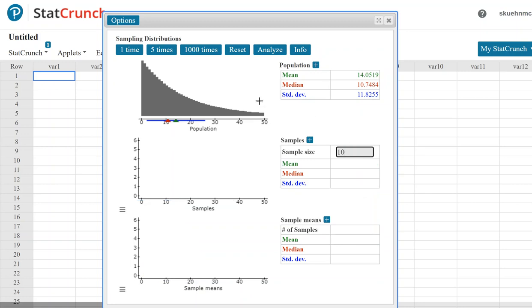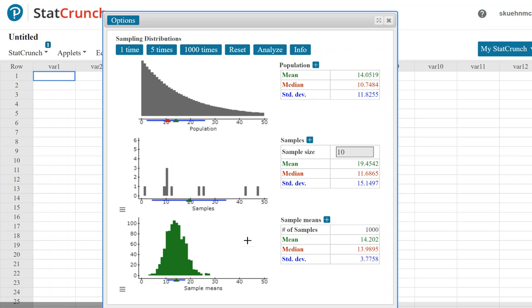So if I increase this sample size to 10 and we go back and we repeat our process 1,000 times, now you'll notice that the distribution, or the shape, of all of the sample means that we took, all 1,000 of my sample means, looks pretty darn normal.